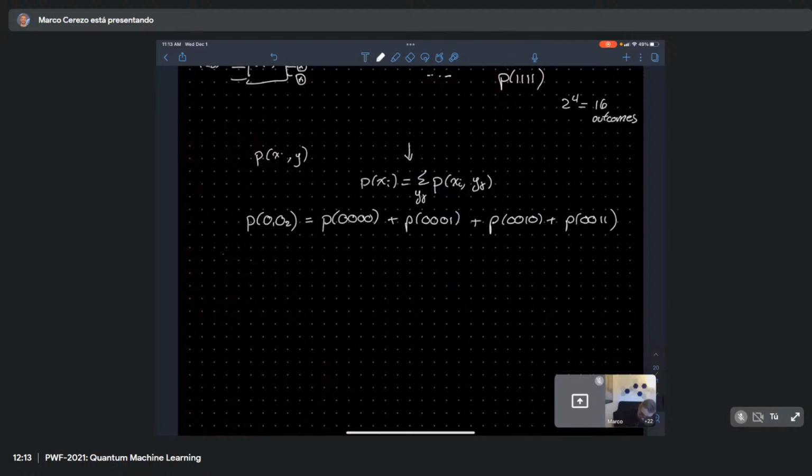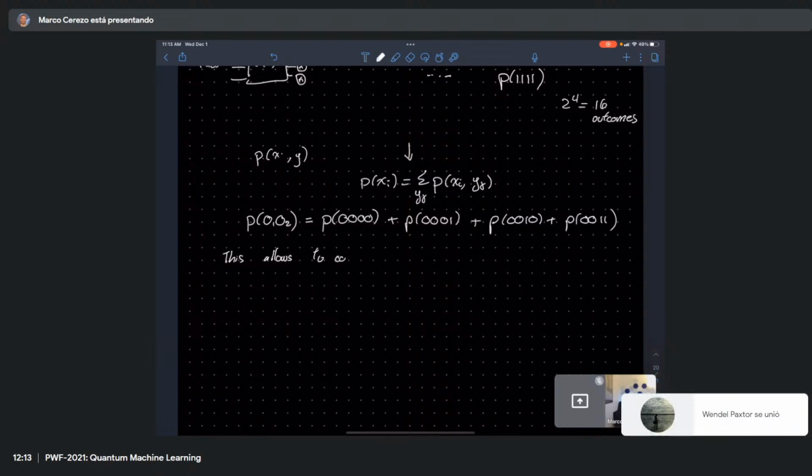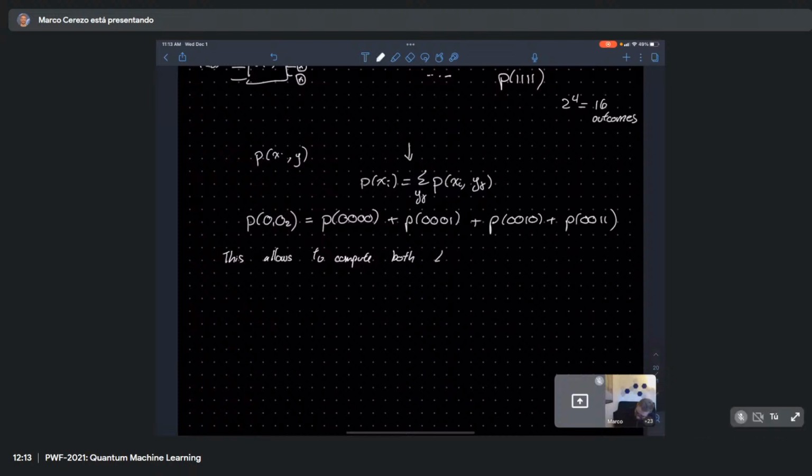So this allows us to compute both Z1, Z2, Z3, Z4 with n measurements. Why is this true?